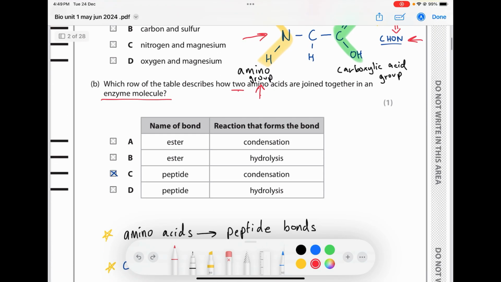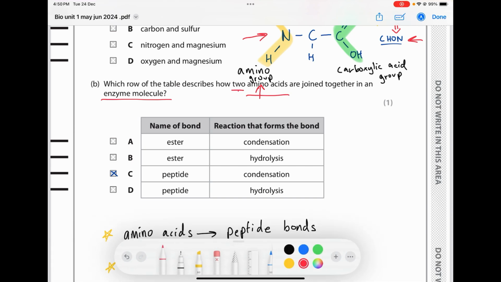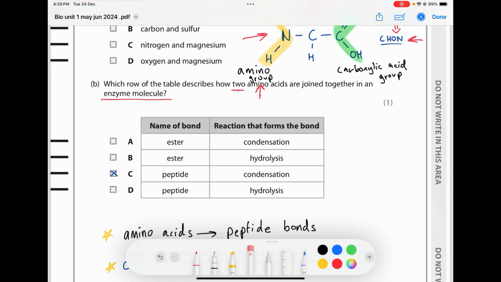Moving on to B. Which row of the table describes how two amino acids are joined together in an enzyme molecule? We're talking about amino acids, which, if you remember, are components of proteins.